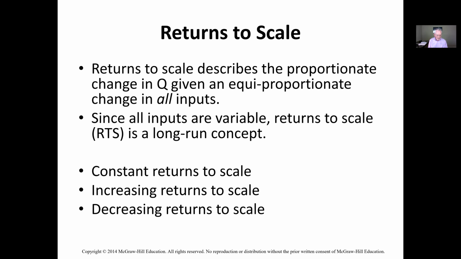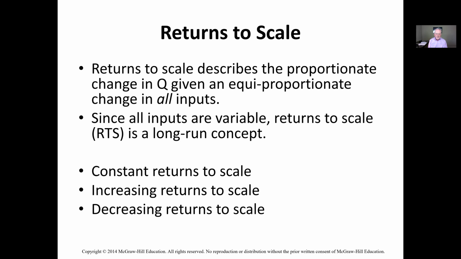So if I increase all my inputs, capital and labor, by 5%, and output increases by 5%, I refer to that as a production technology that exhibits constant returns to scale. If I were to increase all of my inputs by 5%, and output increased by more than 5%, I would refer to that as production technology exhibiting increasing returns to scale.